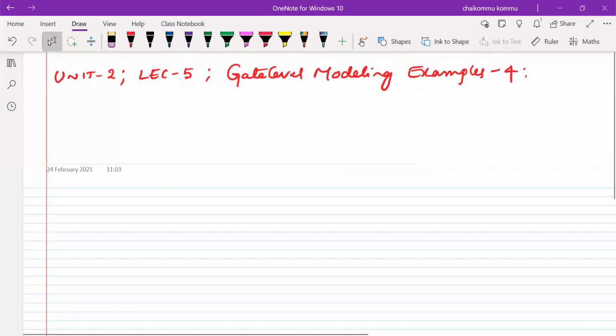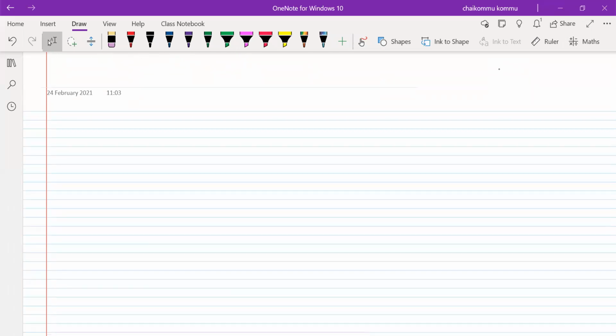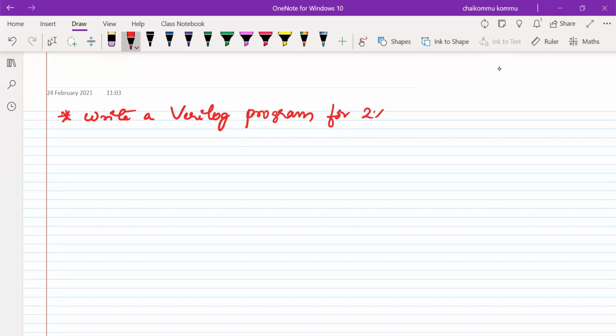So please, all of you try to write a Verilog program for a 2x1 multiplexer. You have to use only buffers.